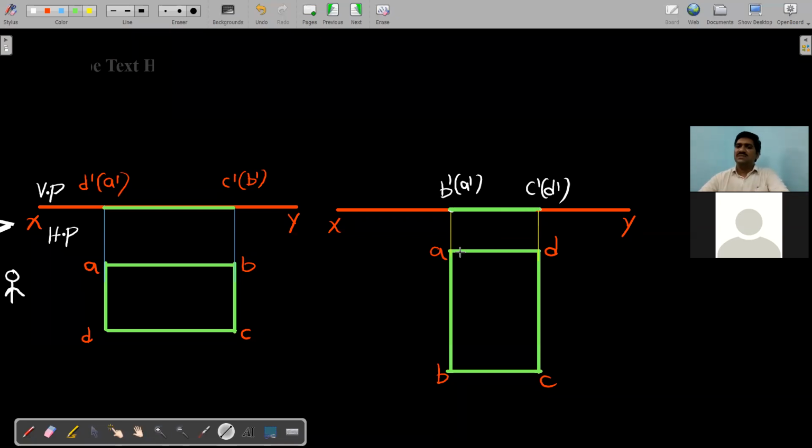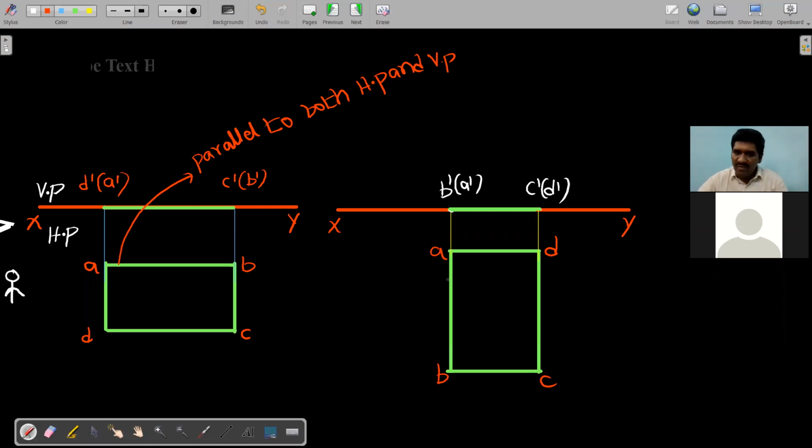Definitely we can say. So now tell me, in the examination, when you draw this pentagon and when you draw this pentagon, definitely I can say one point, all of you, that in this case, one of its longest sides is parallel to both HP and VP.